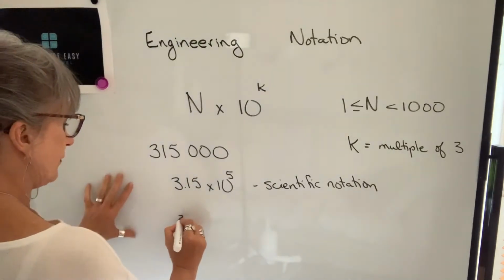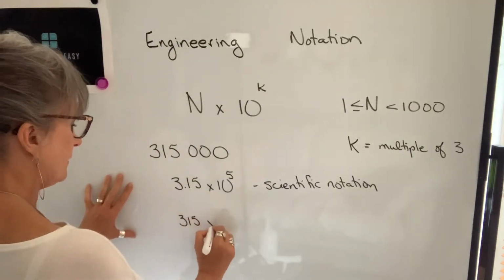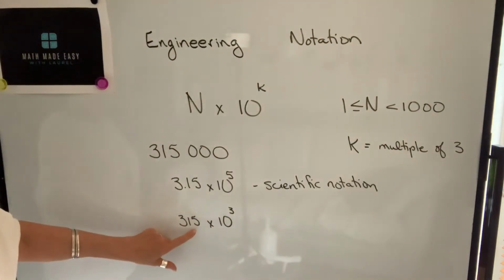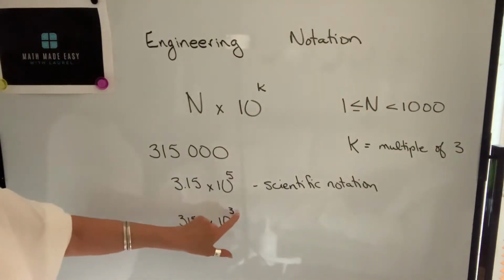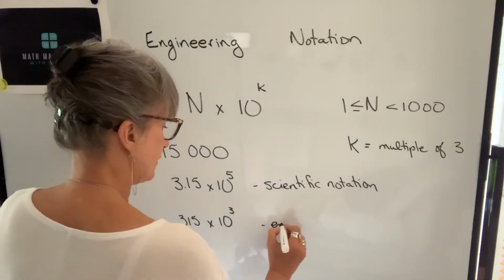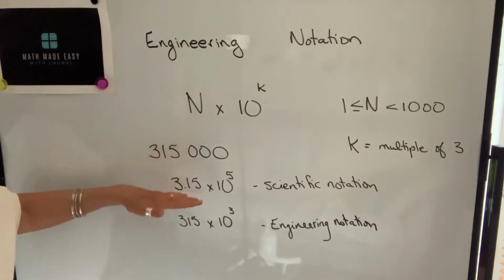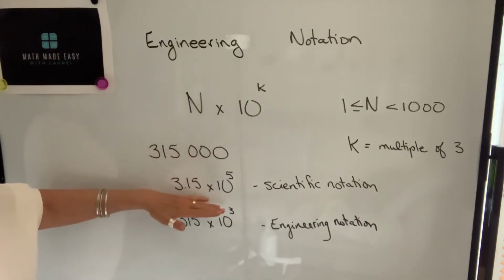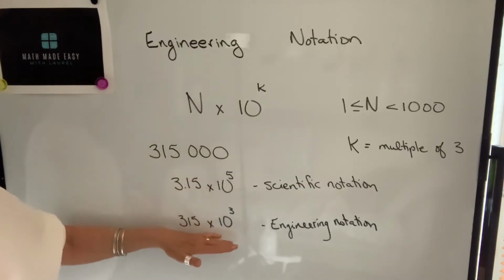And when I do that, I will end up with 315 times 10 to the power of 3. This number is between 1 and 1,000. My exponent is a multiple of 3. Therefore, this is engineering notation. So all 3 numbers are equivalent. This is in normal notation. This is scientific notation. This is engineering notation.